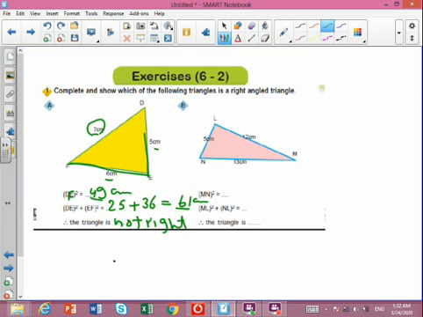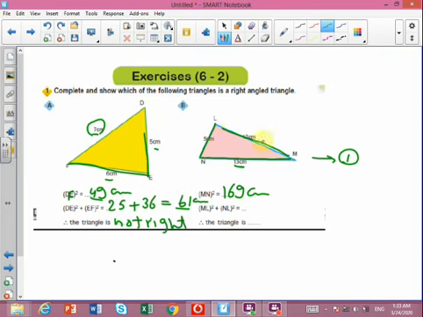What about this one? Where is the longest side even if it is not complete? I'm looking at the longest side. The longest side here is MN. So this will be in a step alone. MN square equals 13 square, which is 169 centimeter. ML square plus NL square, the other two sides.